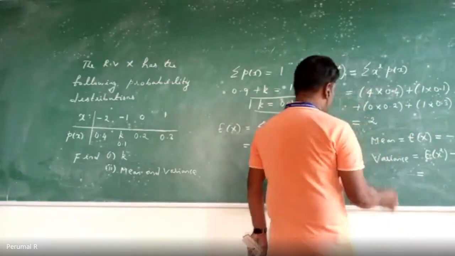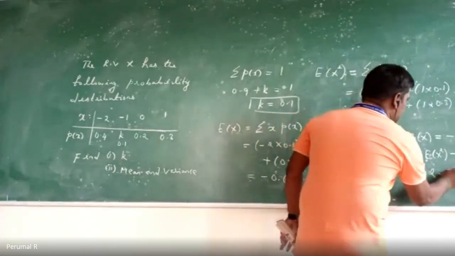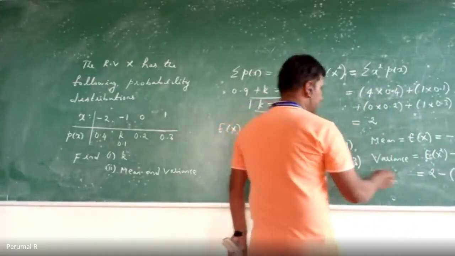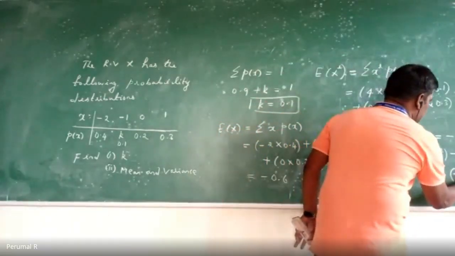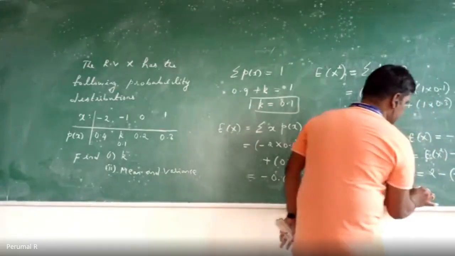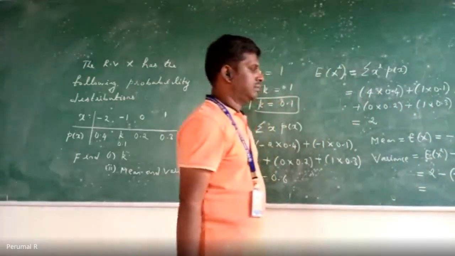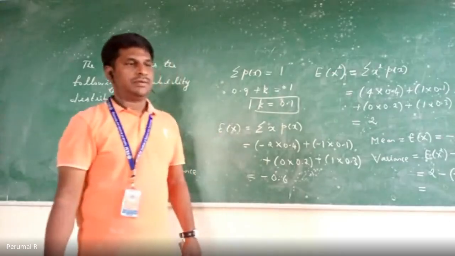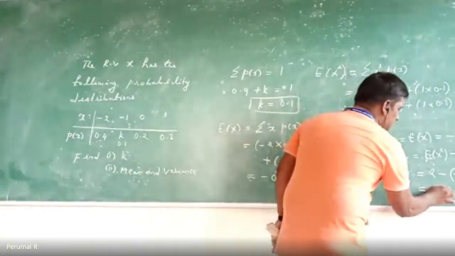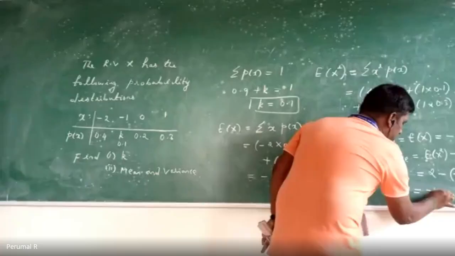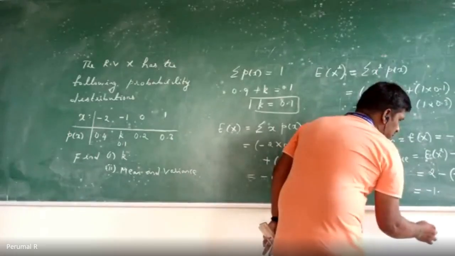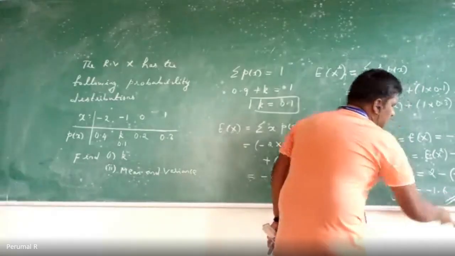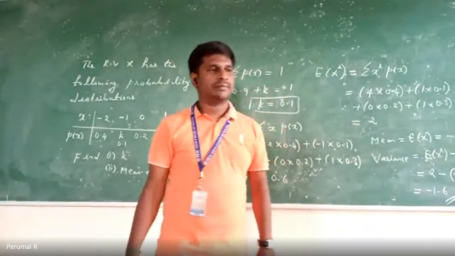So expectation of X squared is 2, minus expectation of X, which is minus 0.6, whole squared. So what is your answer? Minus 1.6.